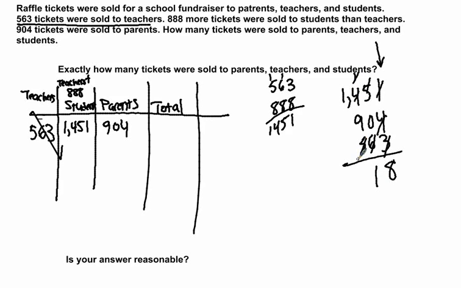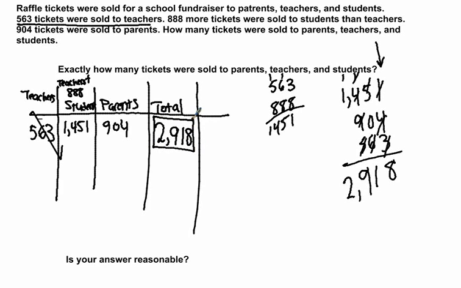Plus 5 is 10. Plus 9 is 19. And our final answer is 2,918.